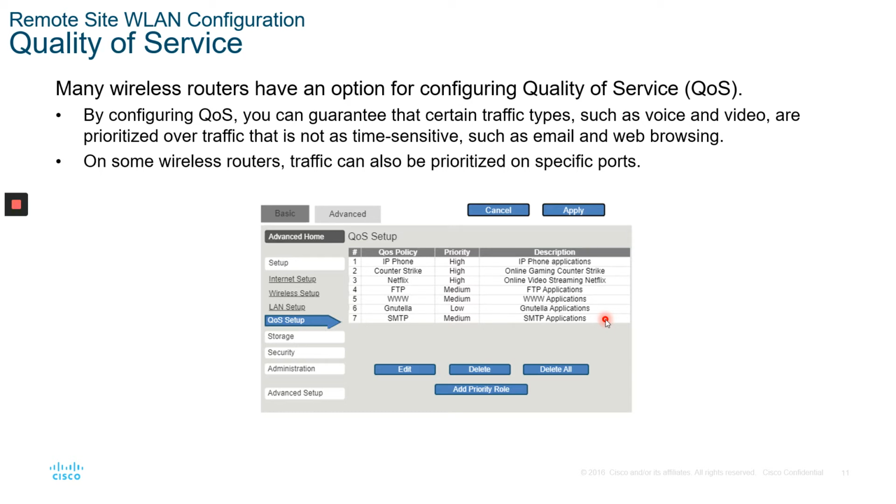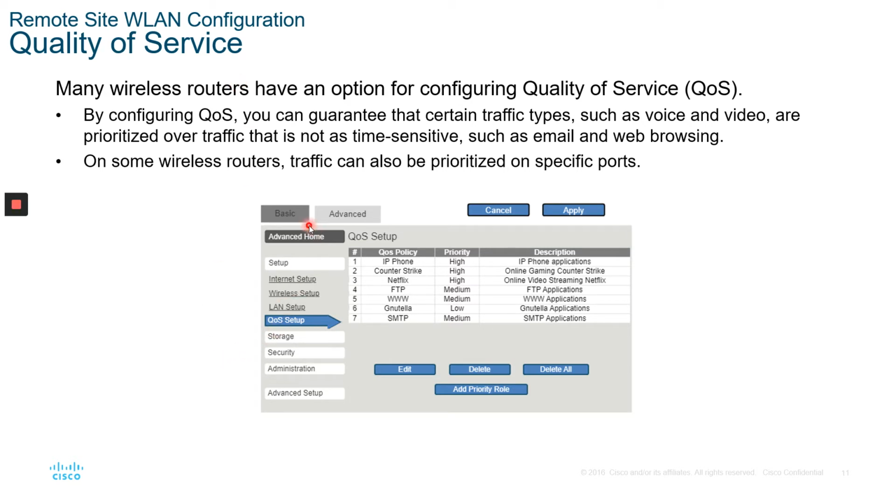For example, you can define that email and web browsing will get less priority, while voice and video traffic will get priority over email and web browsing traffic. This is what quality of service is, and you can configure it on your router. Again, it depends on what router you are using.